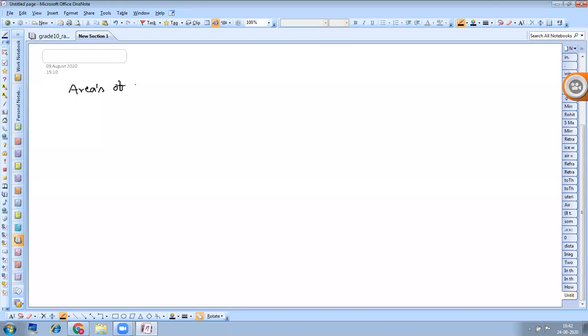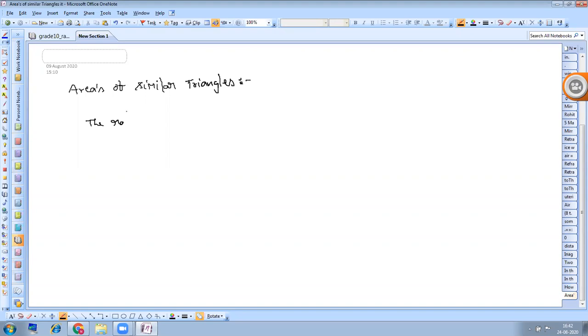Areas of similar triangles. So what does the theorem say?